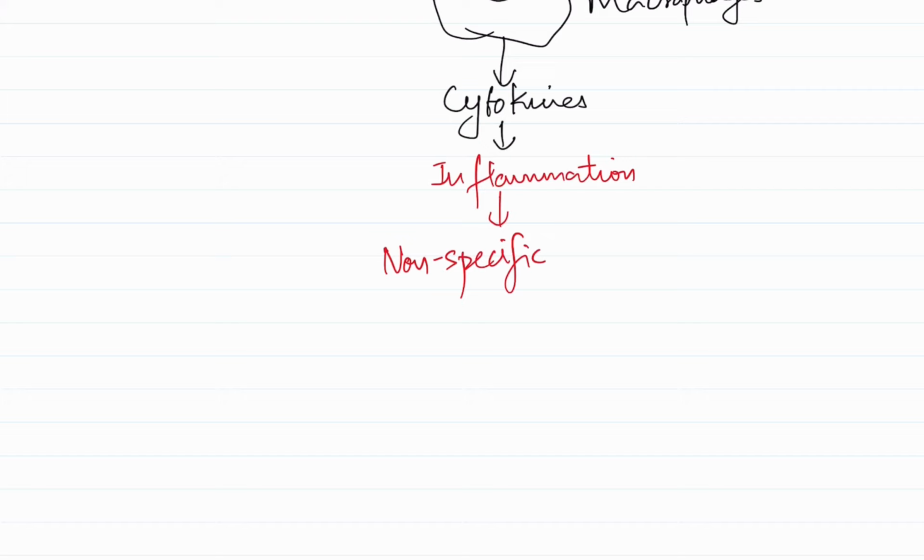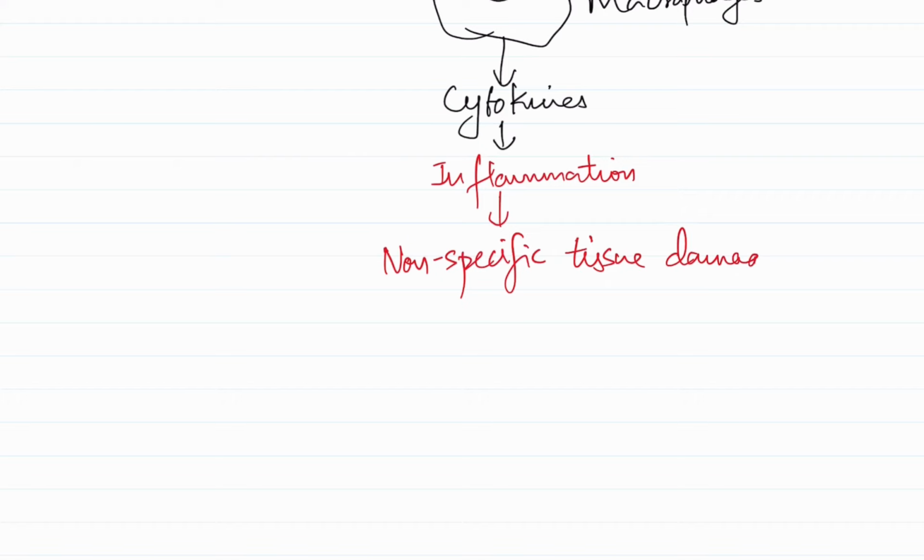The pathogen will have developed mechanisms to escape the reaction or the cytokines released by the macrophages. So the macrophages continue to release cytokines without the pathogen getting killed, and as a result these cytokines start to act on the host tissues itself, leading to non-specific host tissue damage.